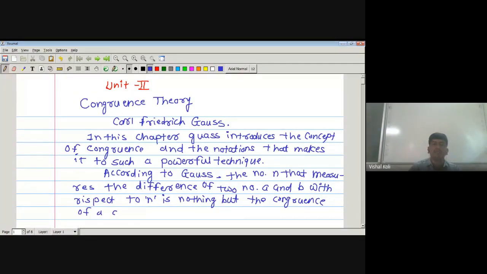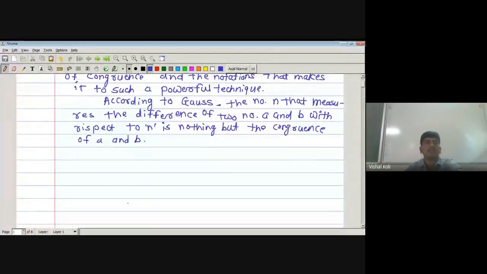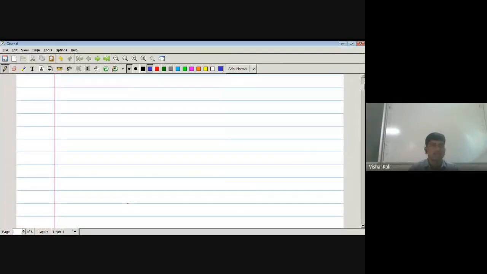That is, if we are given two integers a and b, then they are congruent modulo n if n divides the difference of these two integers a and b. Let us first define what is congruence. See its definition.